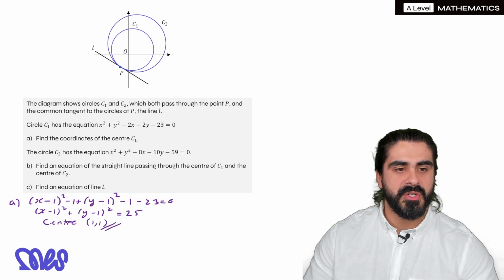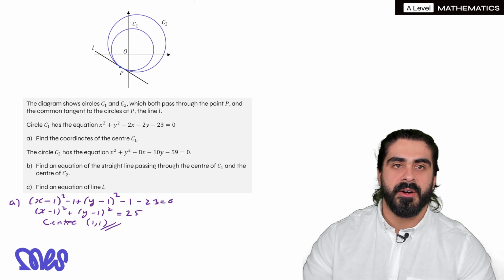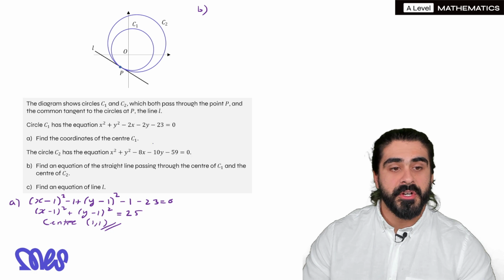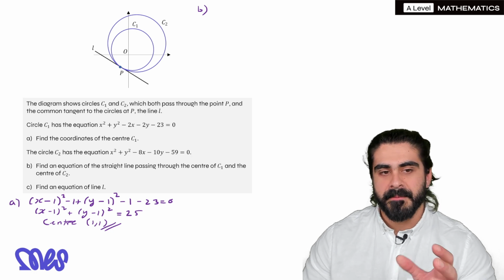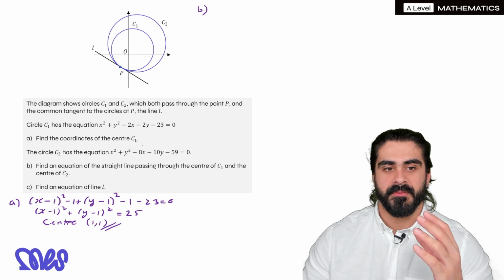The circle C2 has this equation. Find an equation of the straight line passing through the center of C1 and the center of C2. So all we need to do is work out what the center of C2 is. Now you don't have to go the full way here, so I'm going to be a bit tricky in terms of not having to do as much as we usually do.